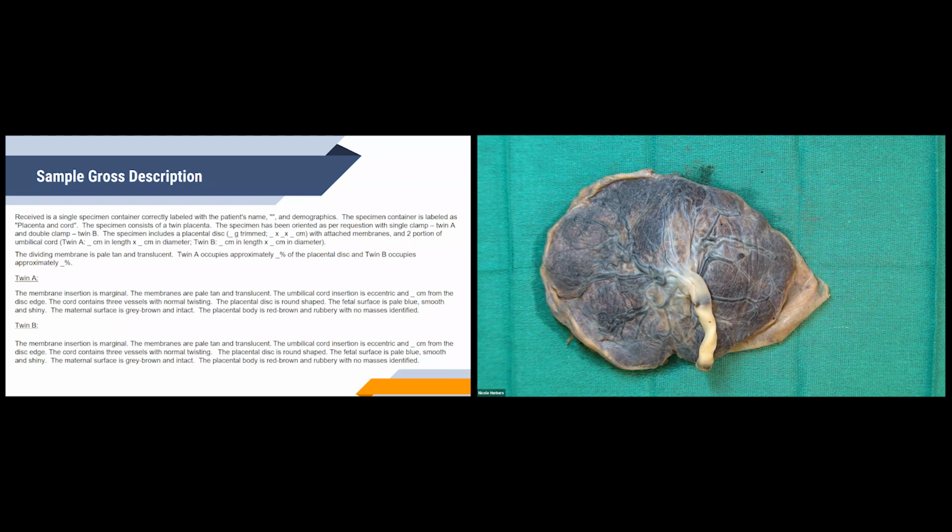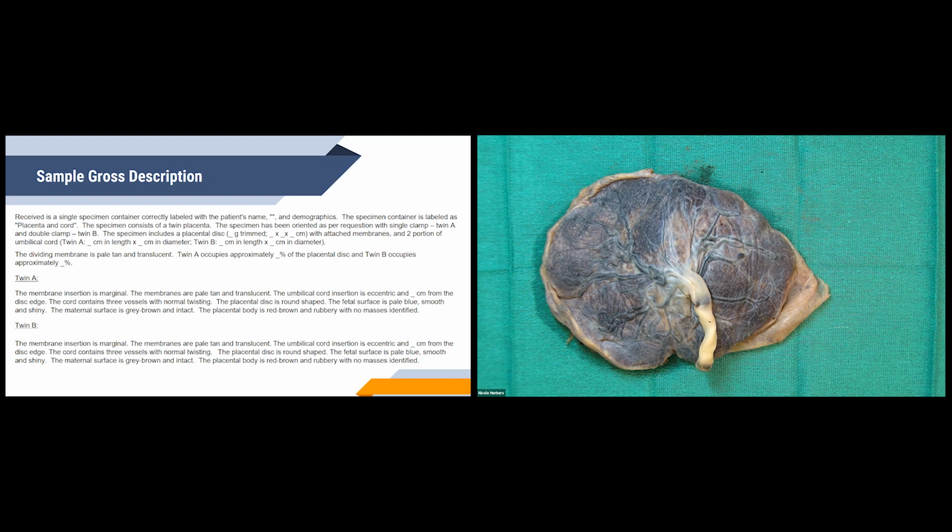For twin A, I'd start with talking about the membranes, and I'd say the membrane insertion is marginal. The membranes are pale tan and translucent. Then I'd go on to talk about the umbilical cord. The umbilical cord insertion is eccentric and blank centimeters from the disc edge. The cord contains 3 vessels with normal twisting.